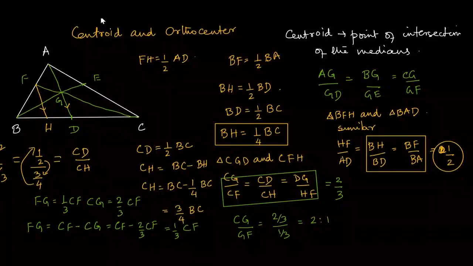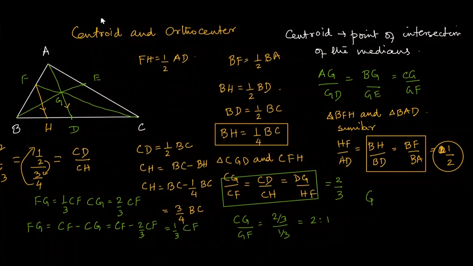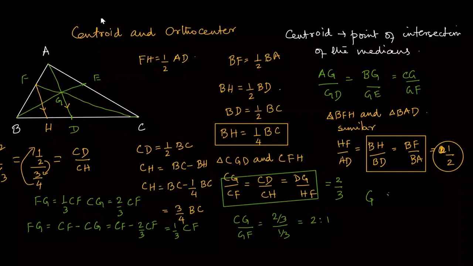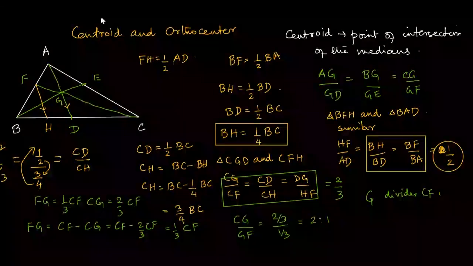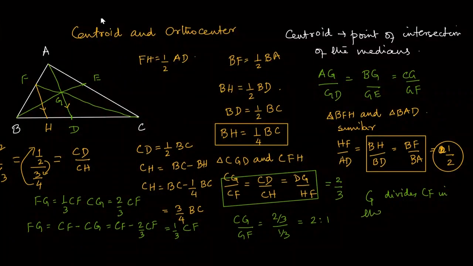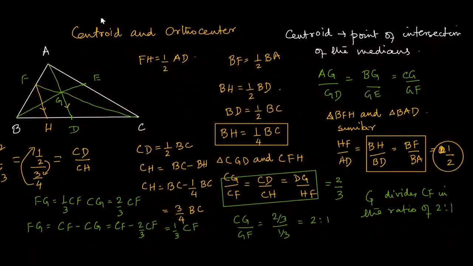So that means G divides CF in the ratio of 2 is to 1. Clear?